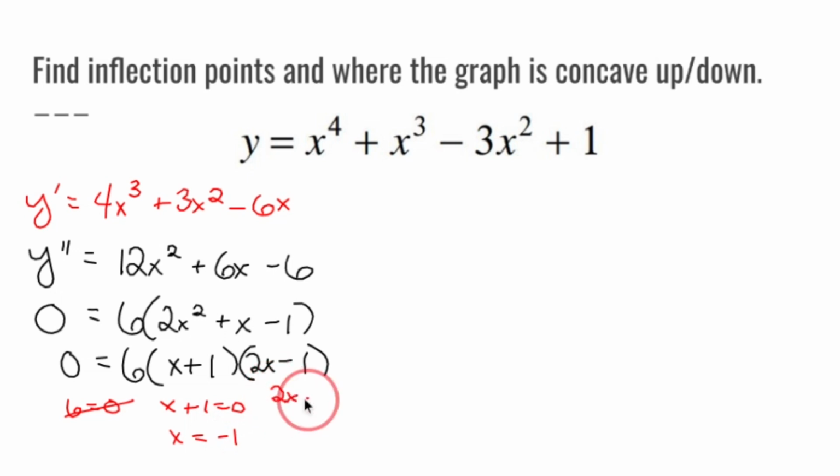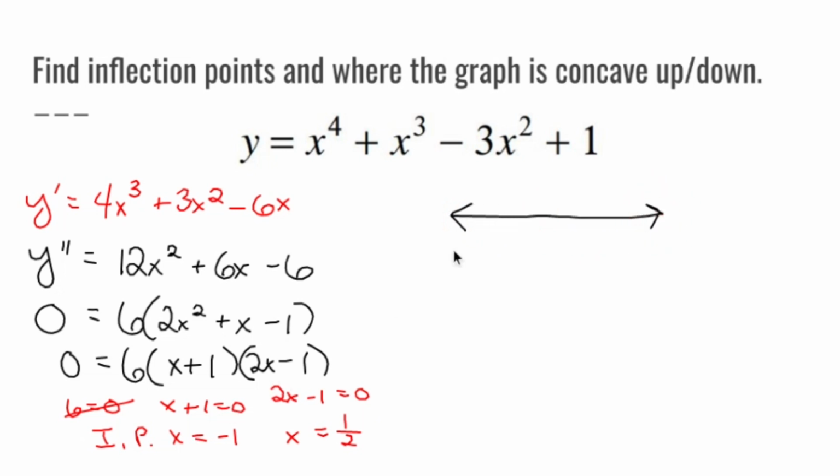If I take 2x minus 1, set that equal to 0, add 1, and divide by 2, my other inflection point is going to be a half. So my inflection points, both of them, are negative 1 and 1/2. I'm going to take that information and make myself a sign chart.